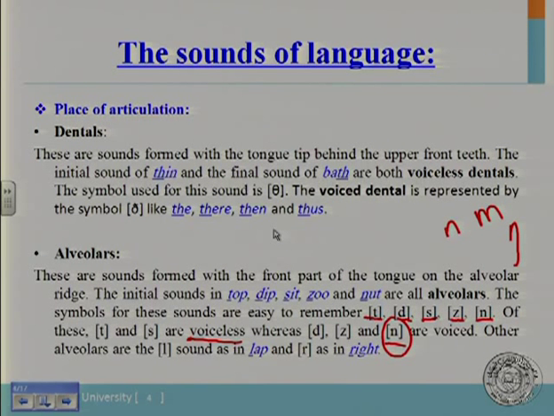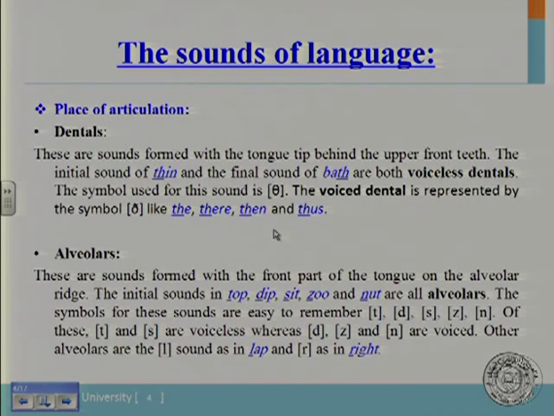That's why these sounds, n, m, and ng, are called nasal. And remember, all nasal sounds are voiced. N, m, or ng. These three sounds are voiced.